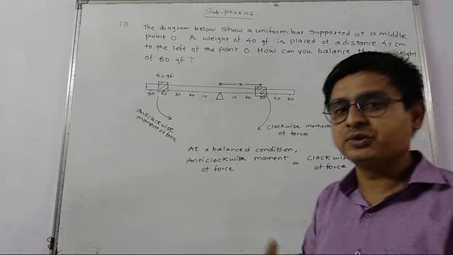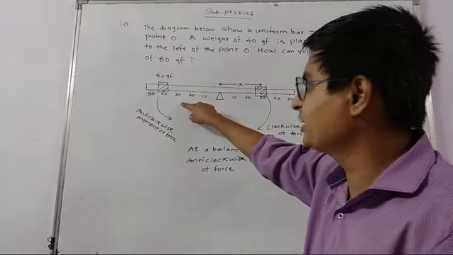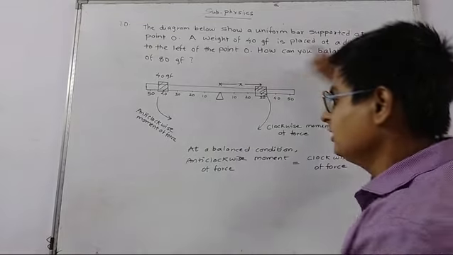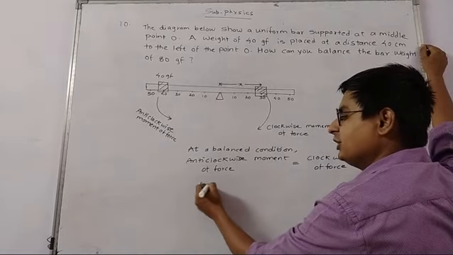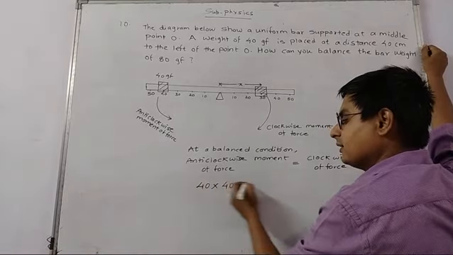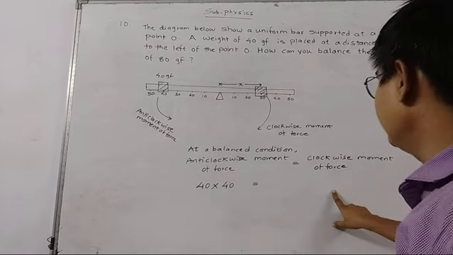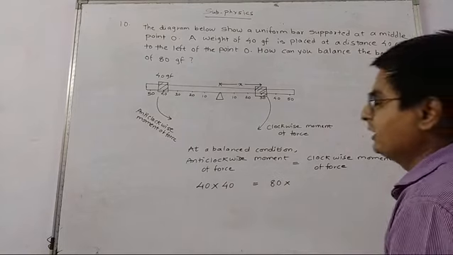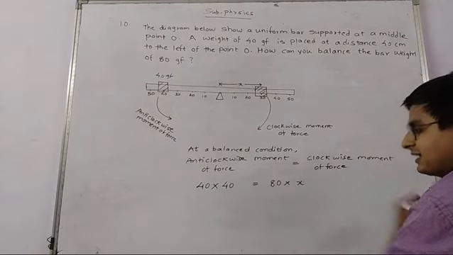So which one is producing anti-clockwise? This force is producing anti-clockwise, 40 GF, whose distance from the fixed point is 40. So it will be force into distance. Here the force is 80 GF, but we do not know the distance, so we have stated it as x.